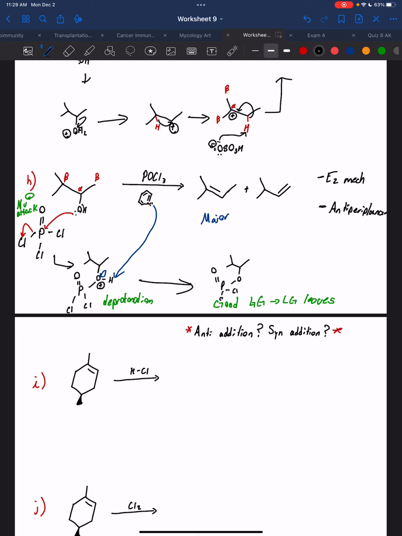Okay. So what happens from here? This right here is your good leaving group. And it's a good leaving group because you're going to make very stable bonds whenever this leaves. So phosphorus-oxygen bonds. Pyridine is going to come back.